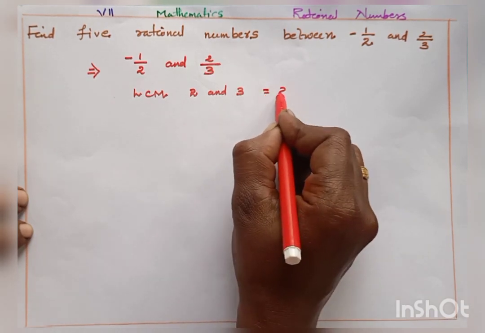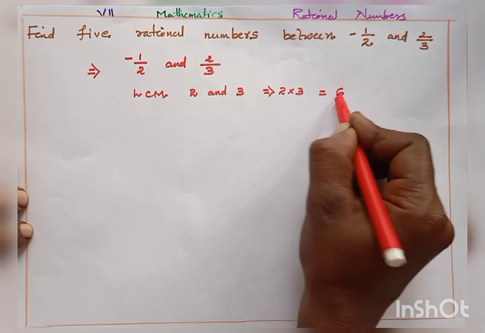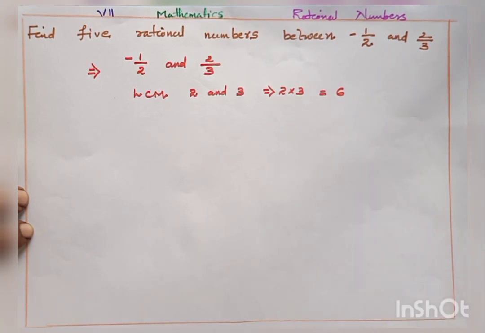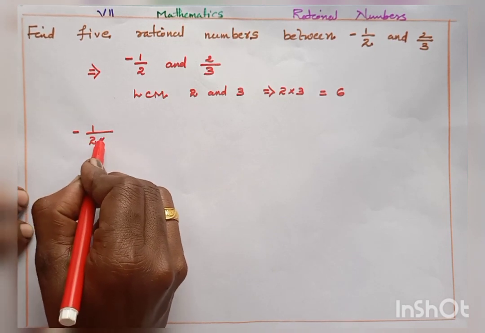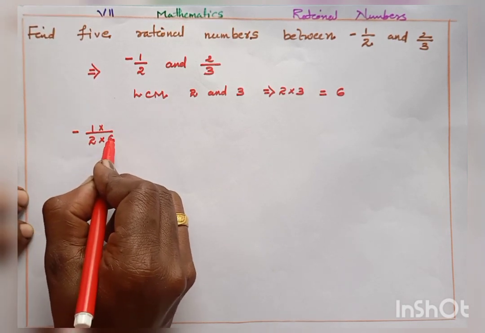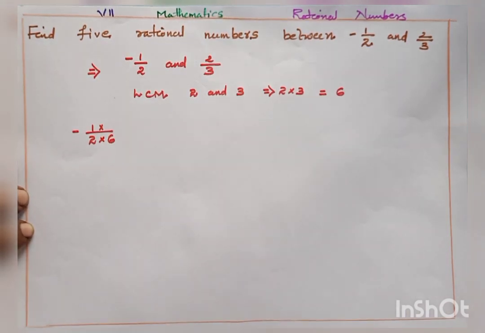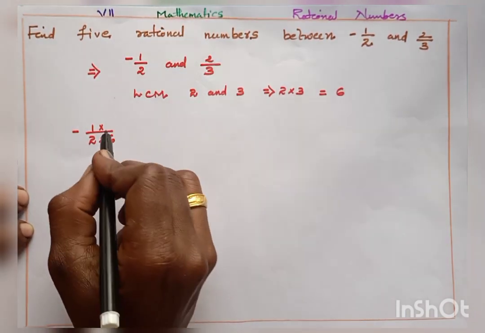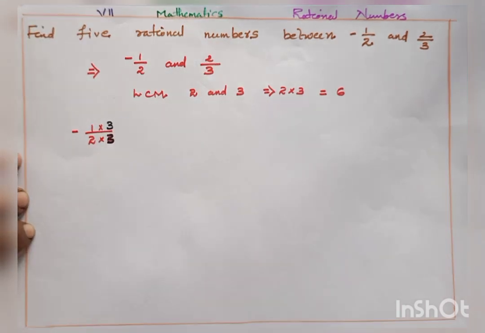We know 2 and 3 have no common factors, so 2 into 3, that is 6, is the LCM. Then change the first rational number into an equivalent rational number with denominator 6. So multiply both numerator and denominator by 3.